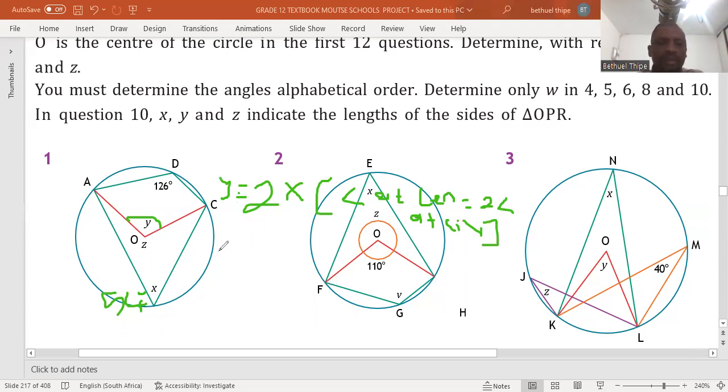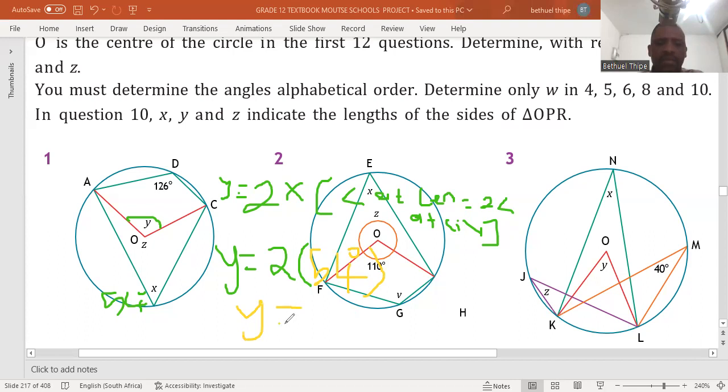Then from here we know that the value of x is 54. So we substitute x by 54 degrees. Please calculate with me.